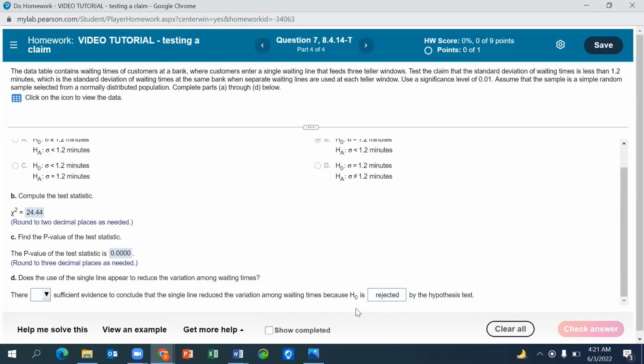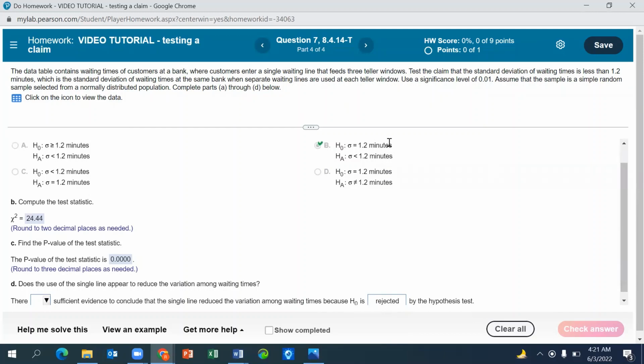What does that mean? If the null hypothesis is rejected, then we have evidence to support the claim. Now remember, the claim is the standard deviation less than 1.2. So we reject the null, we have enough evidence to support the alternative, which is the claim.